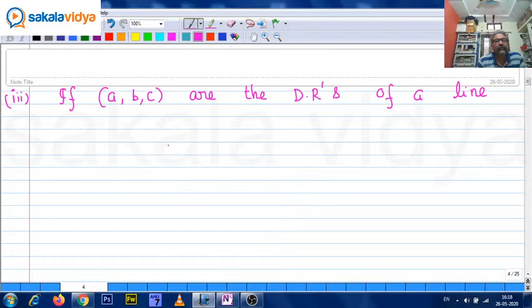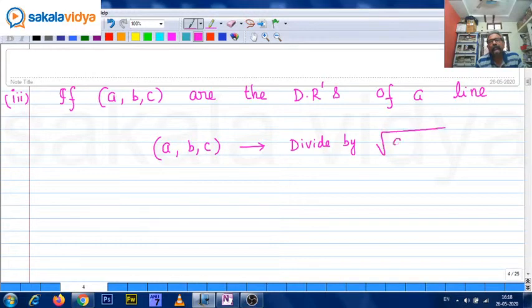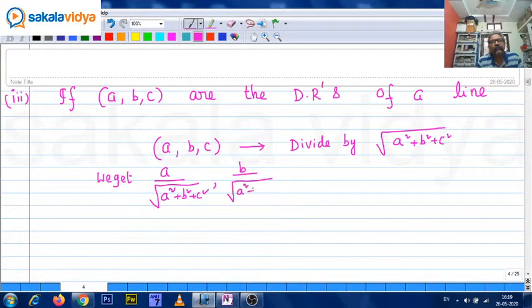First write down like this, A, B, C, divide each component by root over A square plus B square plus C square. So we now get A by root of A square plus B square plus C square, and B by root of A square plus B square plus C square, and C by root of A square plus B square plus C square.